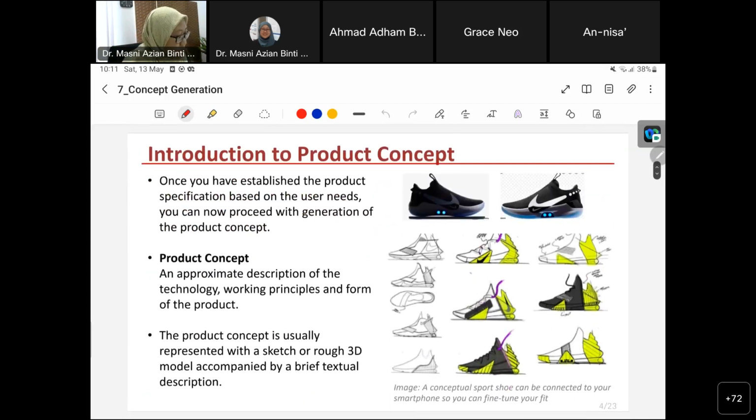Okay, so based on the previous class, you have basically come out with your product spec. This product spec is generated from the house of quality. If you recall our previous exercise, we worked on the product spec based on the house of quality. Dalam house of quality tu bentuk dia macam rumah tu kan? Yang bentuk dia macam rumah tu.